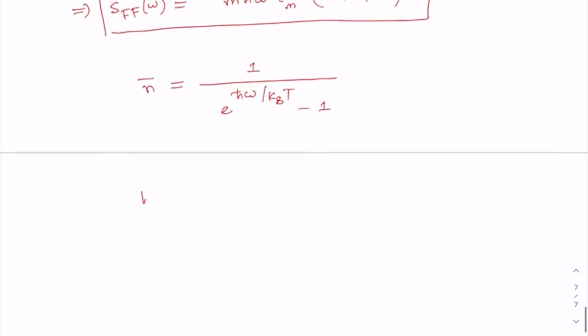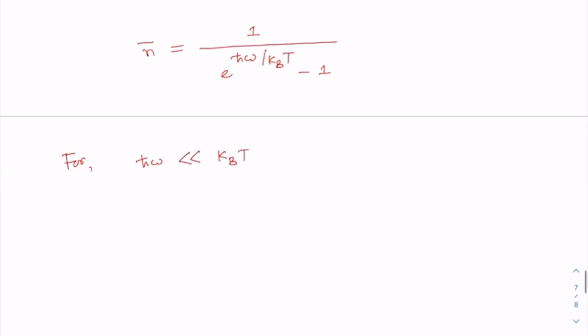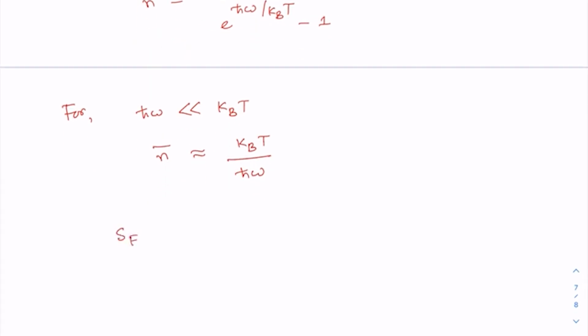Now at very high temperature, that means when h cross omega is much less than k_B T, we have n bar nearly equal to k_B T divided by h cross omega, and therefore I can now write S_FF bar at omega, this symmetrized function, would be equal to 2 m gamma_m h cross omega and then k_B T by h cross omega.